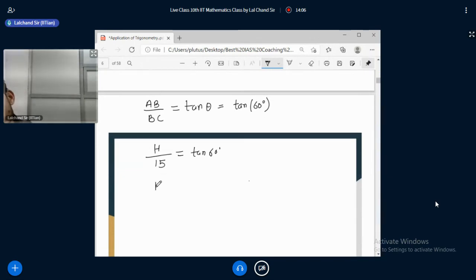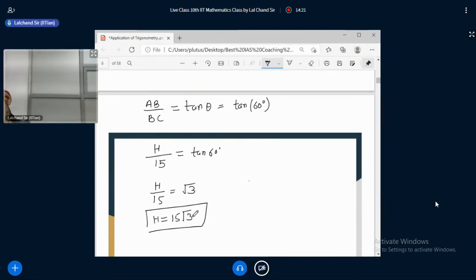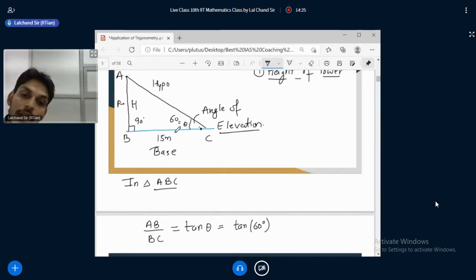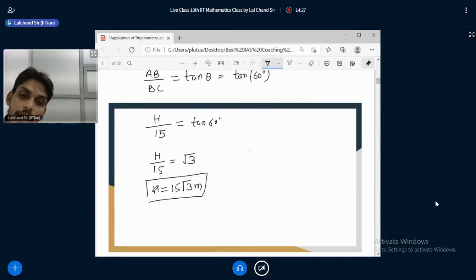Okay, so we can write h upon 15 equal to root 3, isn't it? If we cross multiply, then h value is equal to 15 root 3. Then there is a unit of meter because the distance is given in meters. So h value is 15 root 3 meters.